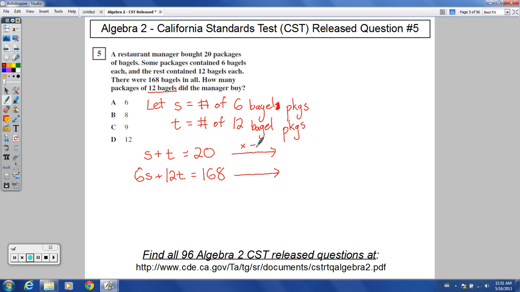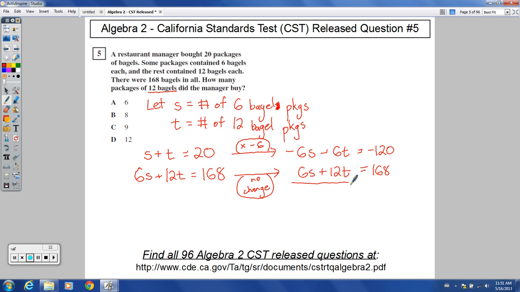So I'm going to say this times -6. Everything here times -6. This bottom one, I am not going to change anything there. So if I take this equation, multiply everything by -6, I would have -6S minus 6T would equal -120. And then down here, no change, so I'm just going to rewrite everything I see there.